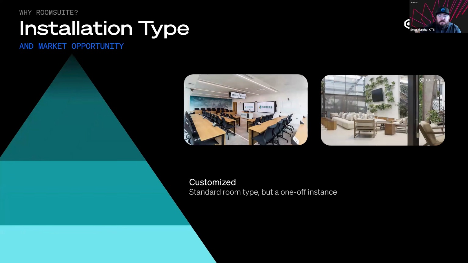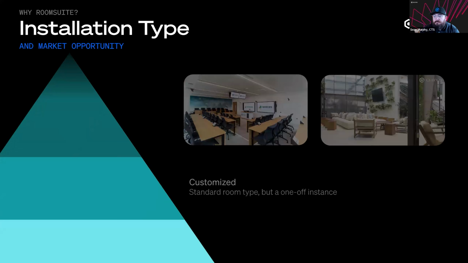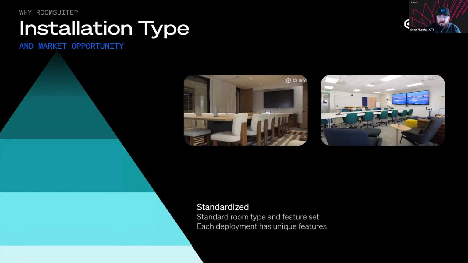Then we get into customized. There are going to be more of these, but it's still custom to the space and the end user requirements. Think larger training rooms, cafes, auditoriums, all hands spaces. There's not a lot, but they're there. Then we get into standardized.